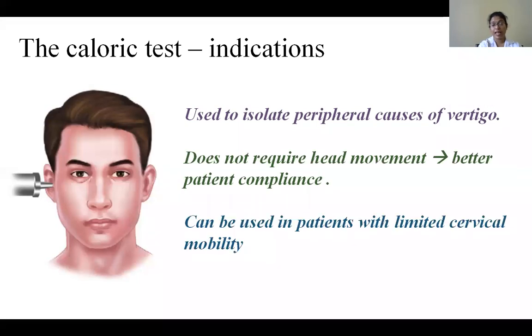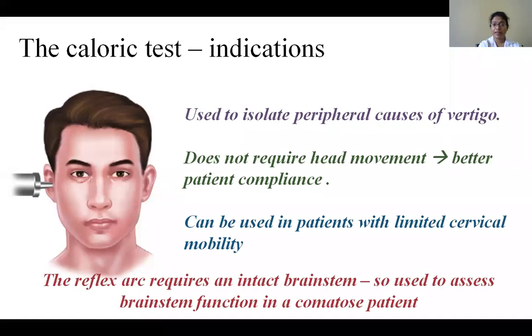And this test can be used very well in patients with limited cervical mobility. The most important thing is this reflex requires an intact brainstem. So whenever you're doing this test, we are assessing the brain function, and especially in a comatose patient, this test is used to assess the brainstem function. This is the importance of caloric test.